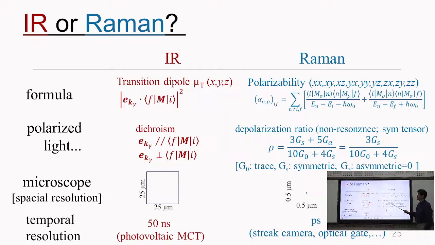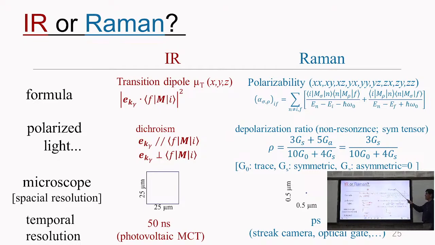So when we use polarized IR light, we can directly discuss the inner product of the IR polarization and the direction of the vector of the transition dipole moment. So parallel or perpendicular, and the absorption intensity changes.